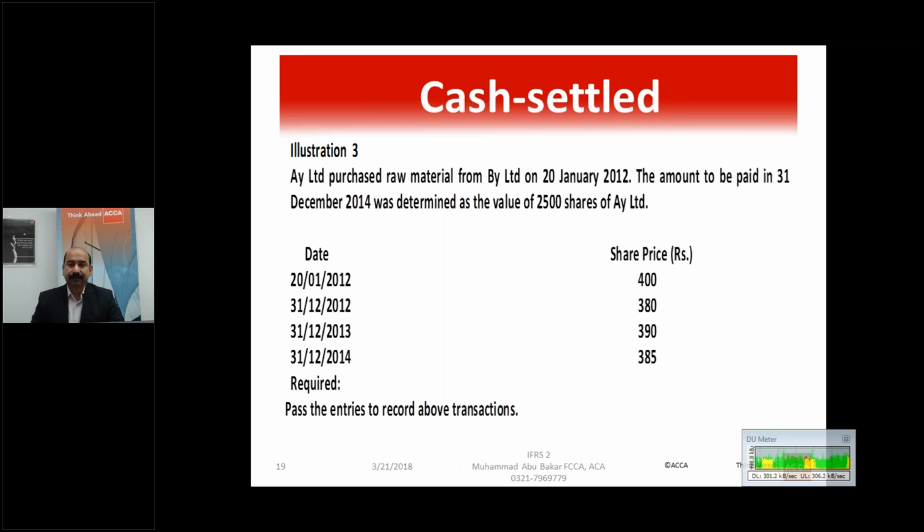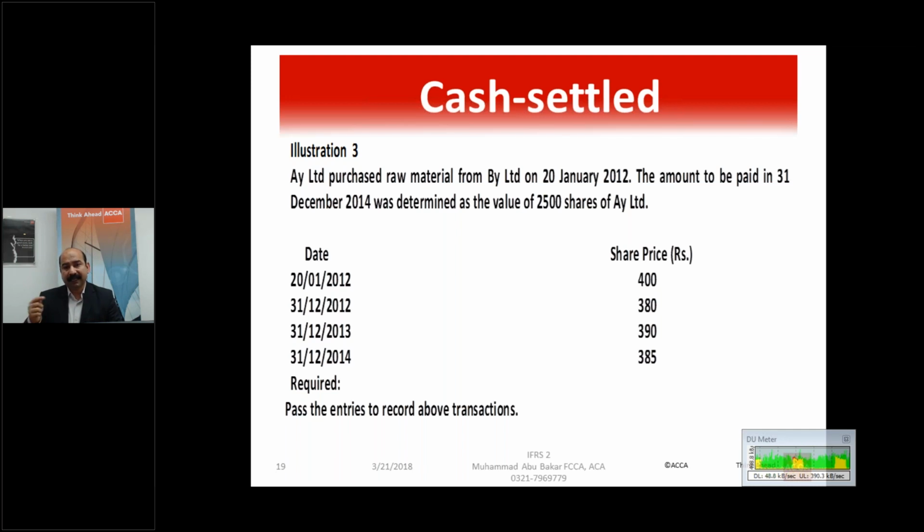Second is, in equity settled, fair value will not change for the purpose of the subsequent calculations of the remuneration expense or the equity reserve.